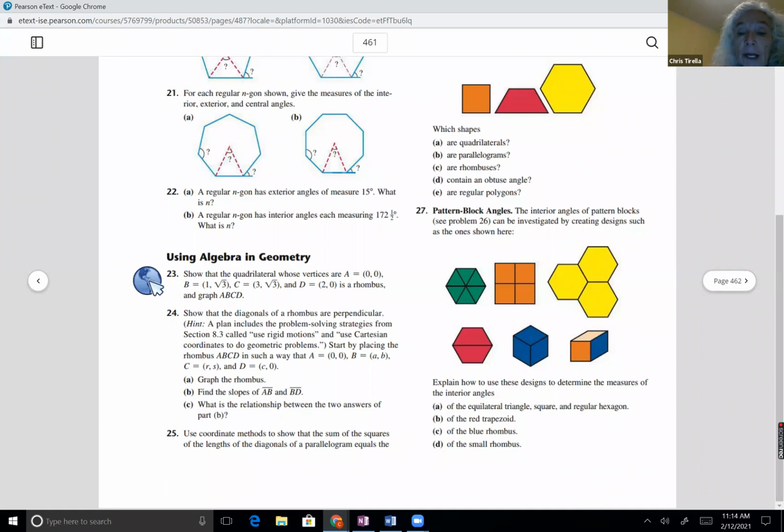And so now you want to explain how you can use these designs to determine A, the measures of the equilateral triangle. Well, over here, as I look at this equilateral triangle, can you guys see my cursor moving around or not? No. Okay. Then I guess I'm going to use a pen.